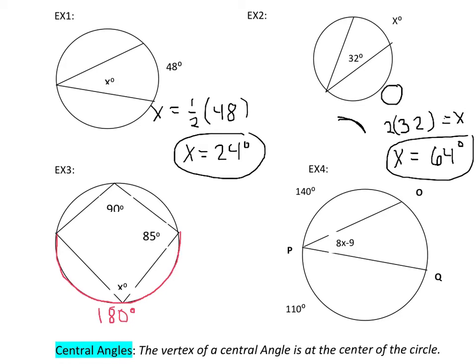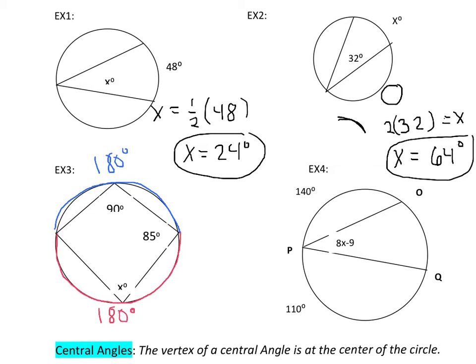If this arc is 180, that means it is half a circle, because in a circle we have 360 degrees if we do a full rotation. So if this is 180, that's half, which leaves half for this one here. So this arc is also 180 degrees.